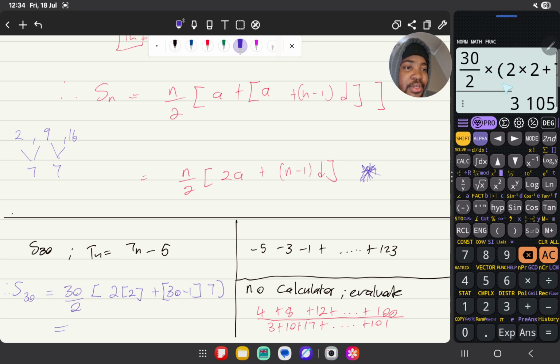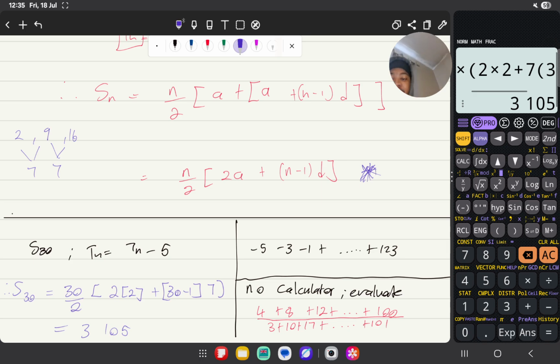Let's see, we have this multiplied by this, gentlemen. So this bracket closes this one, and that bracket closes that. Cool stuff, very cool. So we're getting an answer that is 3105. Do you see it?